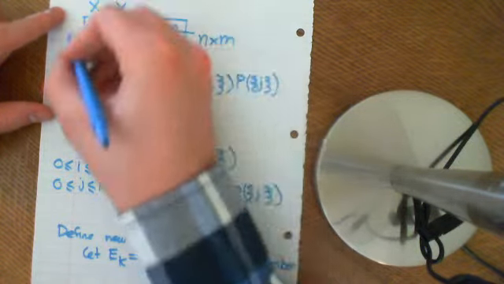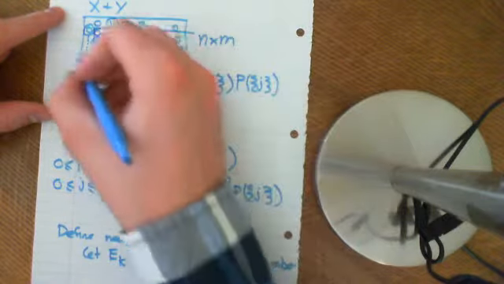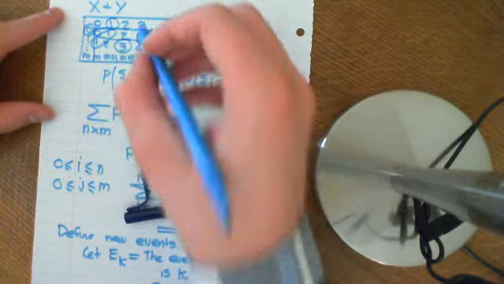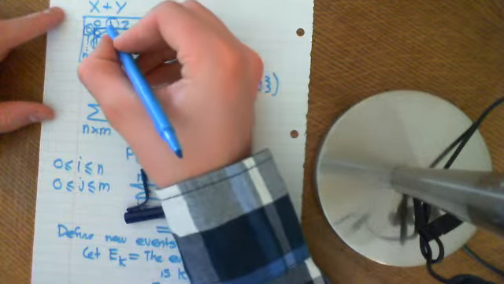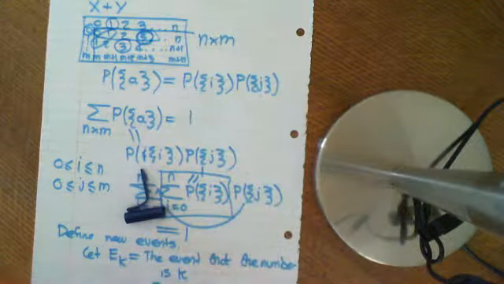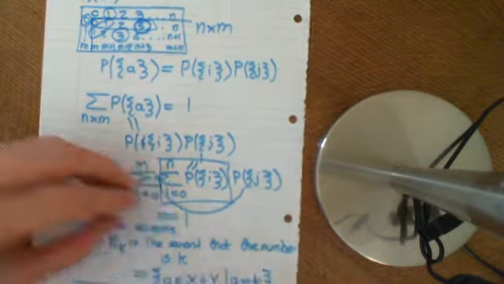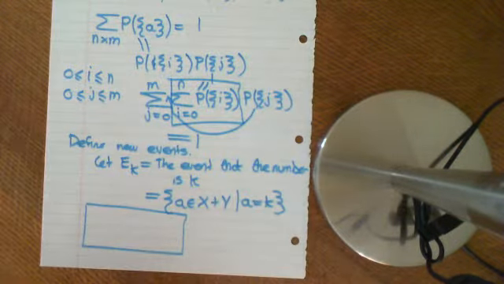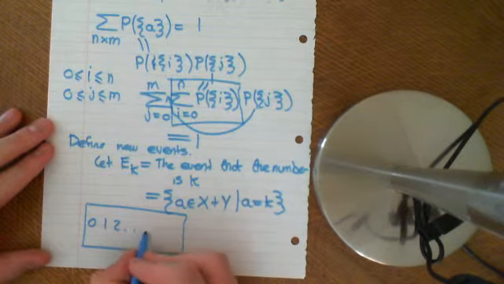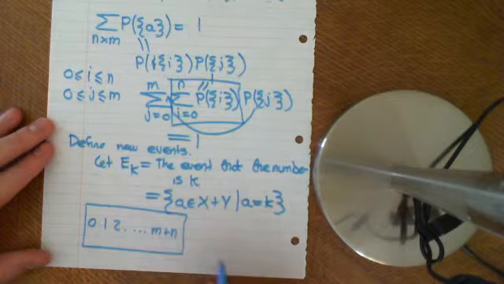We split this new probability space into events, and let each of those events, for instance the set containing 1s, be demoted to just being an outcome, and we biject it onto the set 0, 1, 2, all the way up to m plus n.